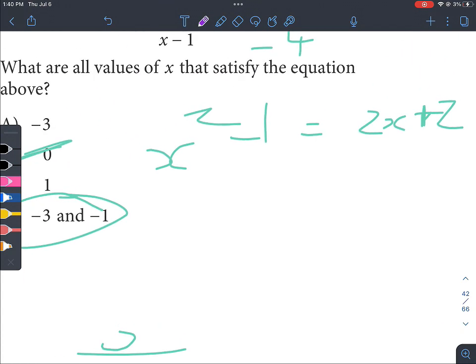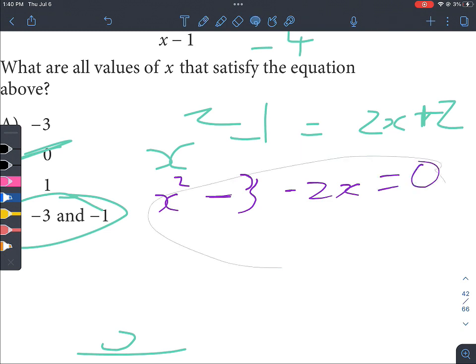X squared minus 3 minus 2x equals 0. Is that what I had last time? Or was it? Because now I think I'm seeing the mistake even though I said it last time. That was not what I had last time.